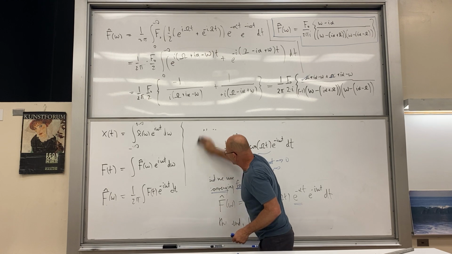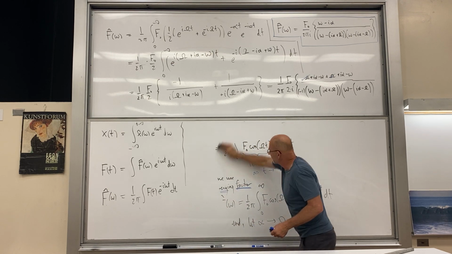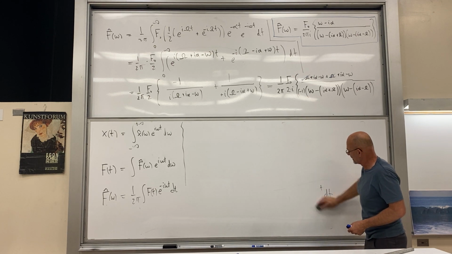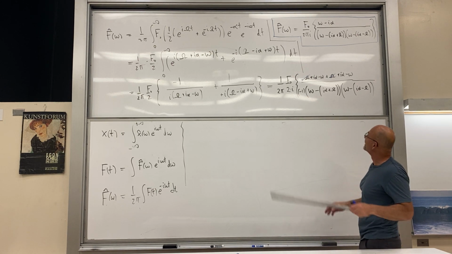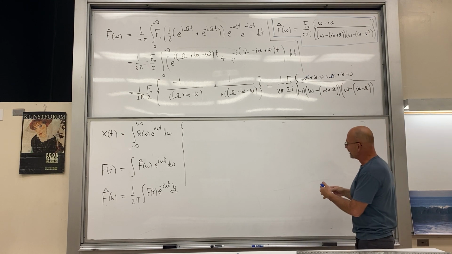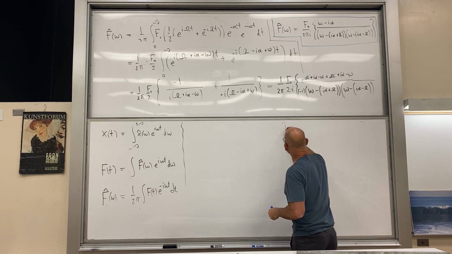Okay, so first let's say a couple more words about this. Because we have all these constants here, this looks a little more complicated than it really is. So I'm just going to put a note about f hat of omega.